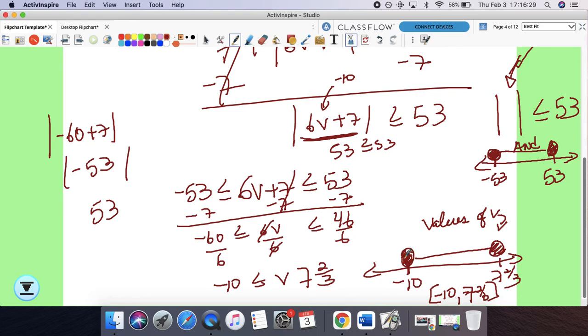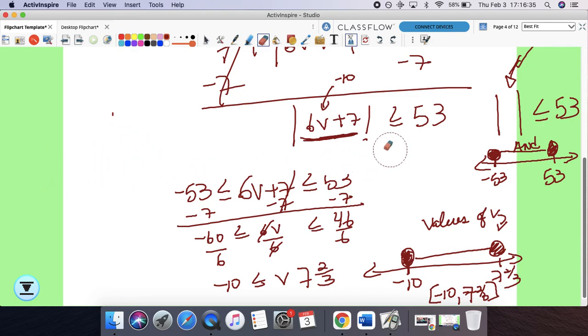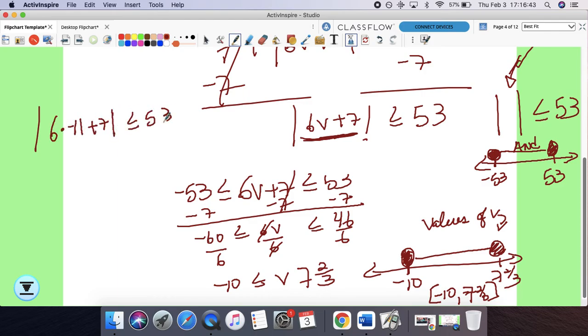So, and if you want to, let's pick negative 11 just to see that it doesn't work. So let me pick negative 11 and plug it in there. So if I plug in negative 11, I get 6 times negative 11 plus 7, less or equal to 53. This is negative 66 plus 7. That's going to give me negative 59. Sorry, did I do something wrong?